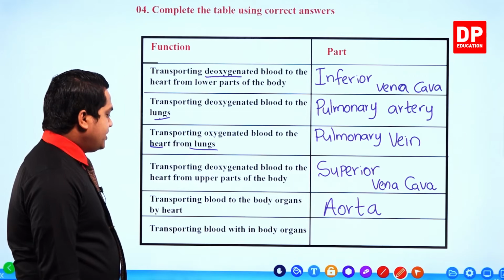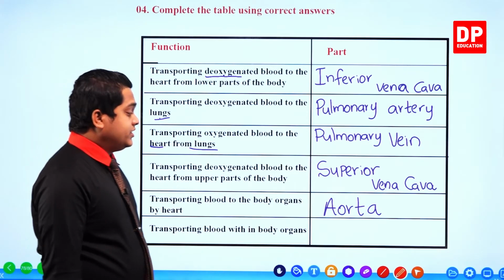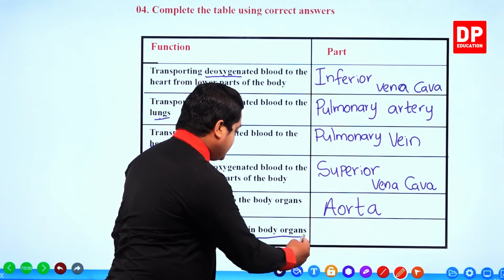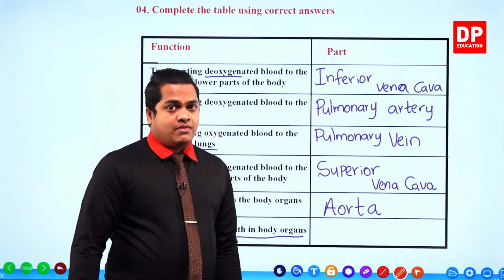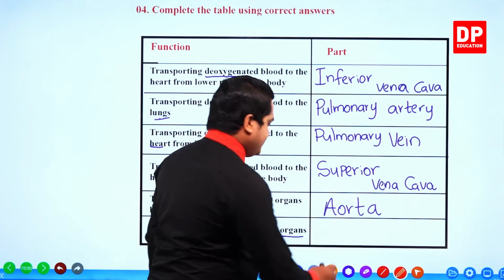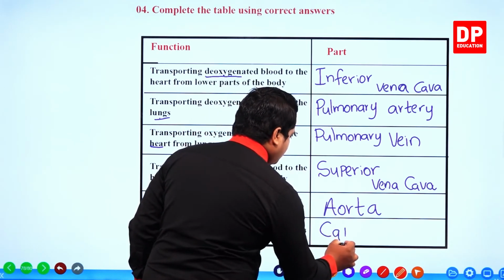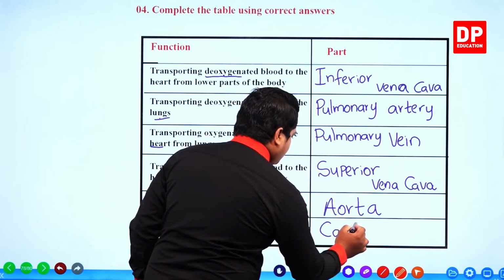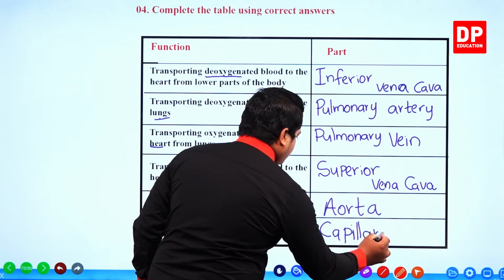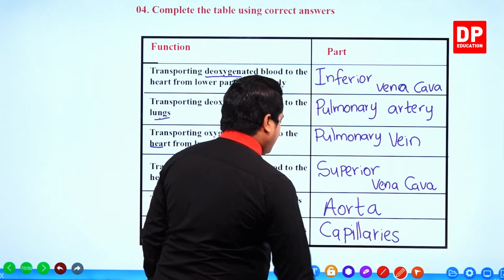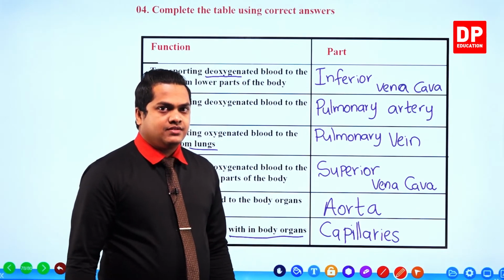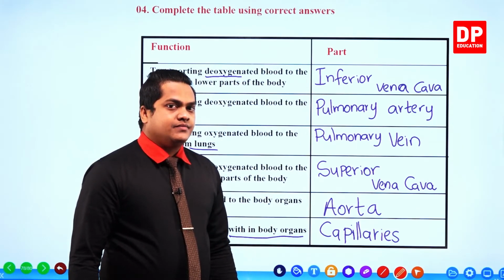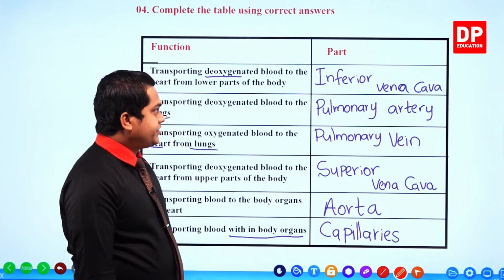Final one, transporting blood within body organs. So within body organs, blood is transported by capillaries. Right then. A good question, my dear children.